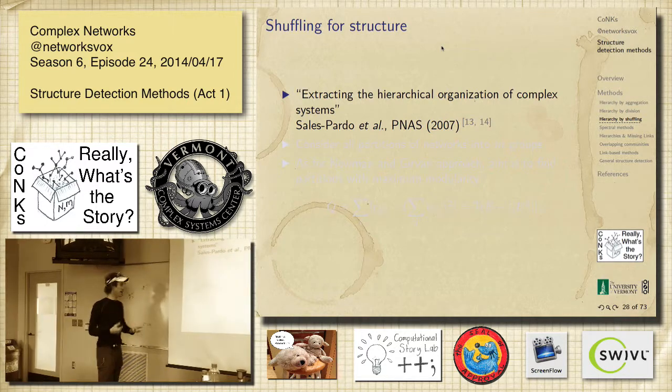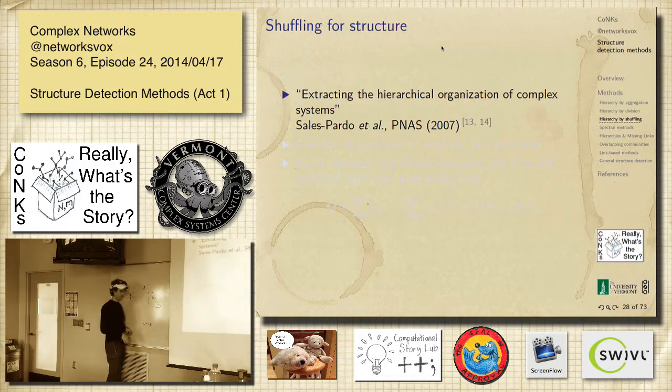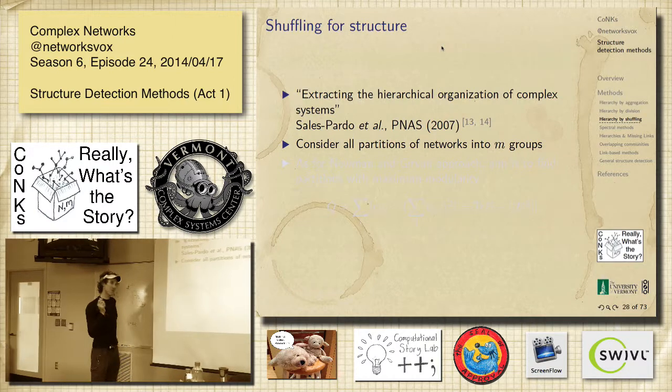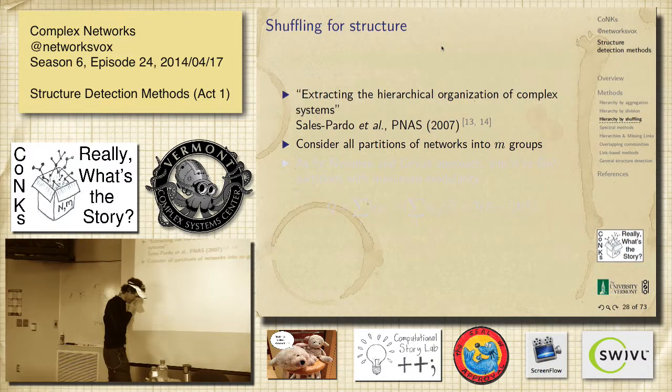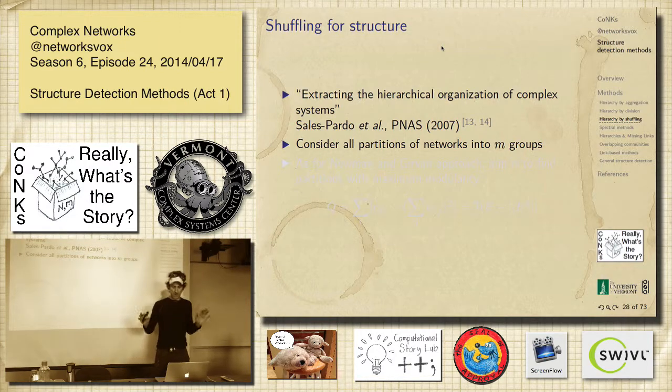Similar game, trying to get to a hierarchy, the thing I was talking about before, where you have a big mess and you want to shuffle things around such that the modules become self-evident. It's an interesting game to play. So this is kind of crazy. You've got a network and you consider every possible partition. So this is going to be computationally scary.